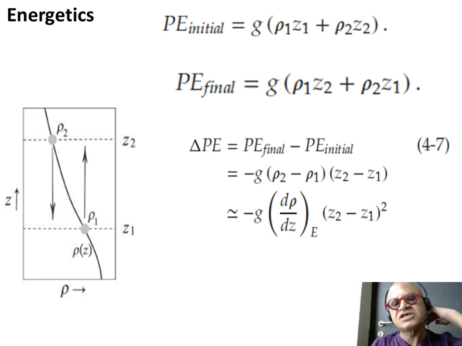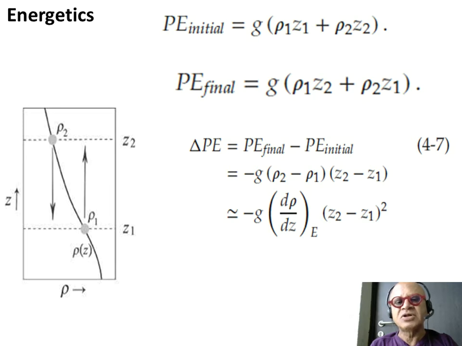Then we have to see how the potential energy changed because of displacing the parcel. So PE final minus PE initial, in this case, you can just do the simple calculation.